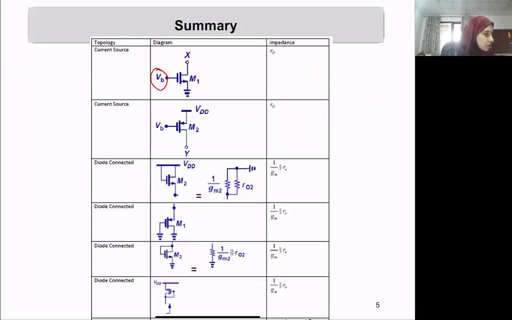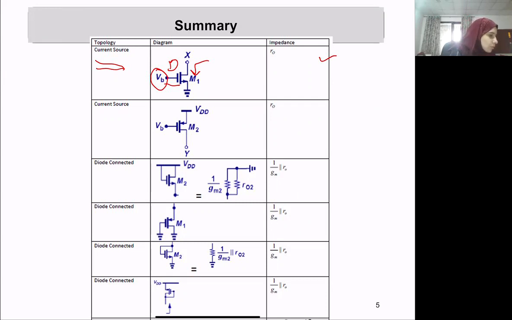So the gate is fixed to a DC voltage, and we are looking from the drain side. Those two conditions make it act as a current source. And therefore, the output impedance that I am seeing down from node X is given by R out. And that's what's here. So this is a good load in order to get a high impedance.